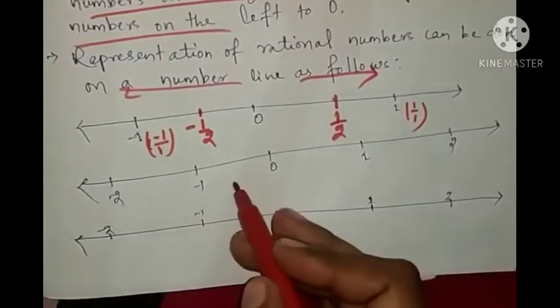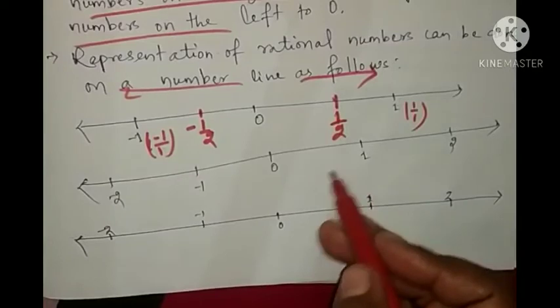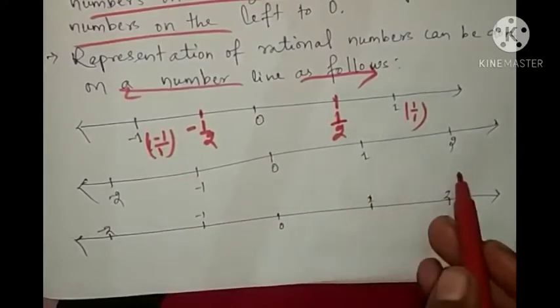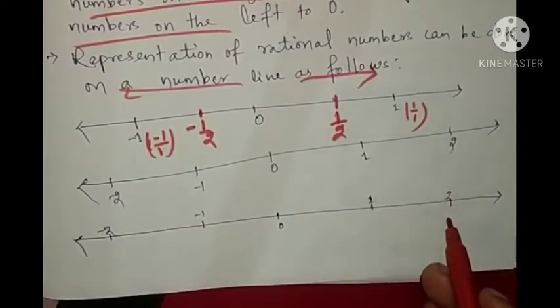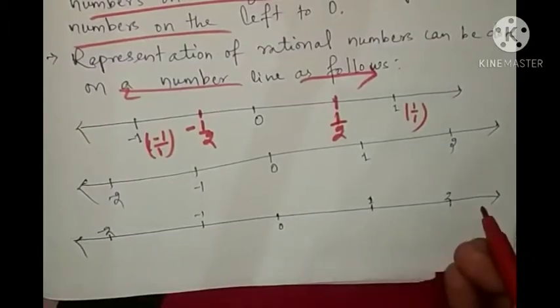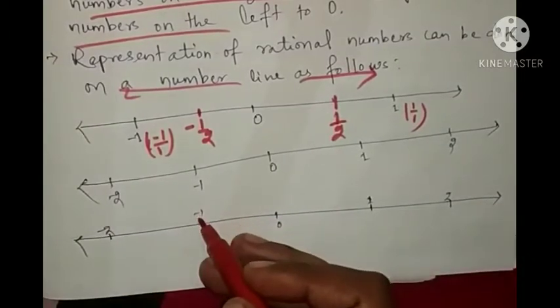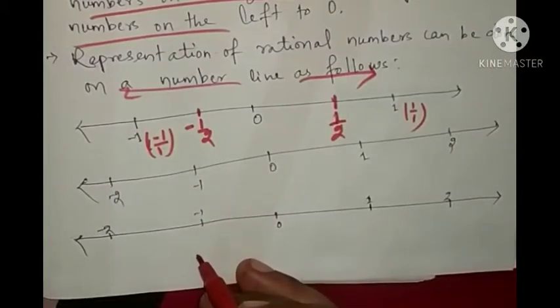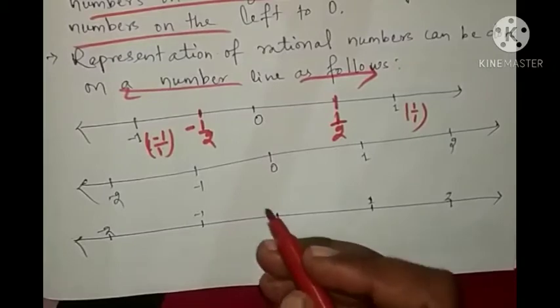So let's find out here. Look at here, 0, 1, 2. I have put 0, 1, 2. So what will we do?